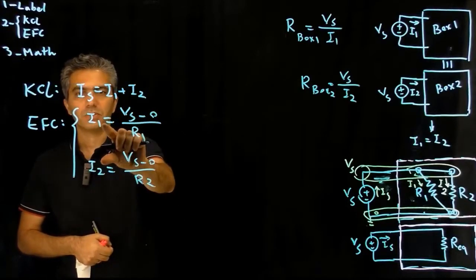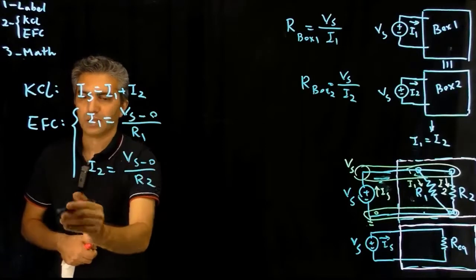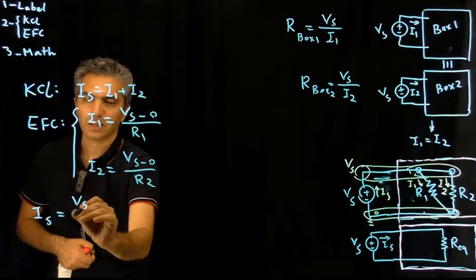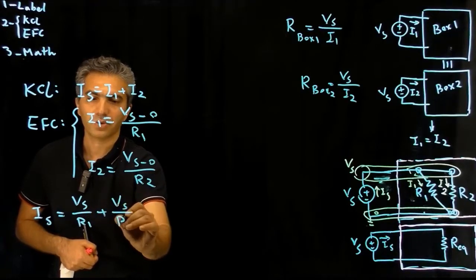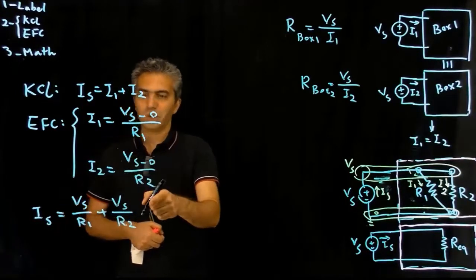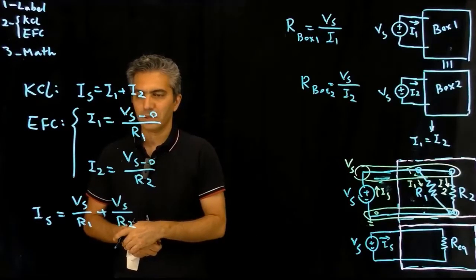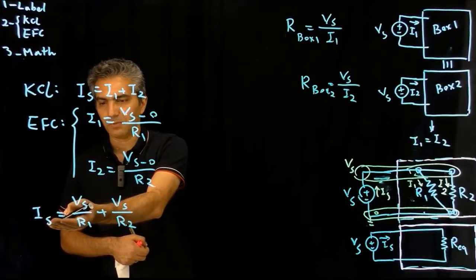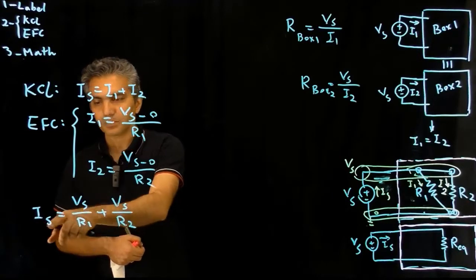I take these two current values and put them in the KCL equation. So Is is equal to Vs divided by R1 plus Vs divided by R2. What I was looking for was Vs divided by Is, right? At this point, I could calculate Vs if I knew Is.